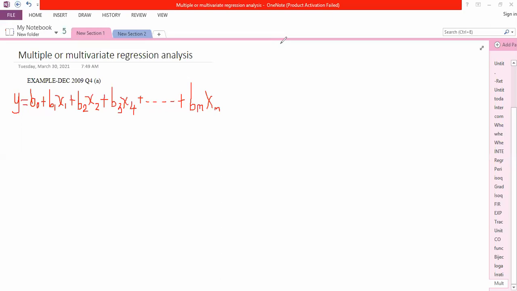With all those variables given, can you write down the model? The regression equation is going to look at, let's find out.